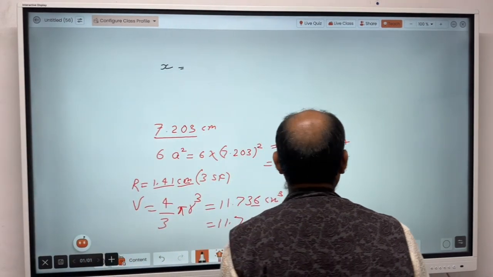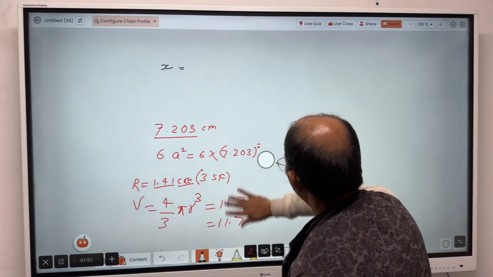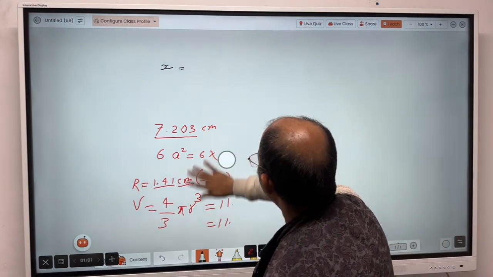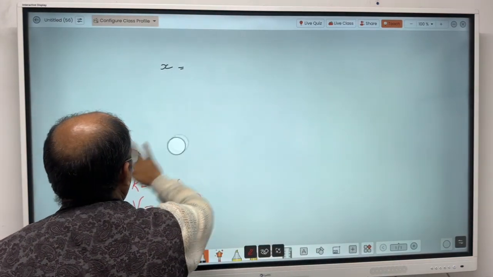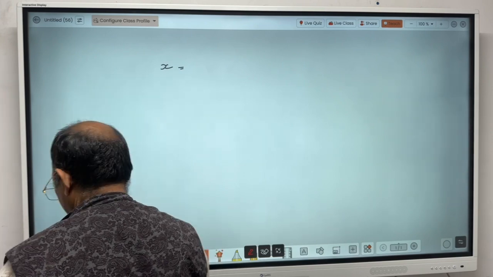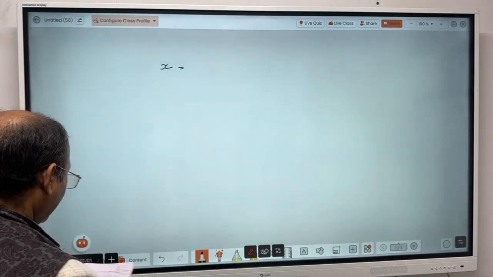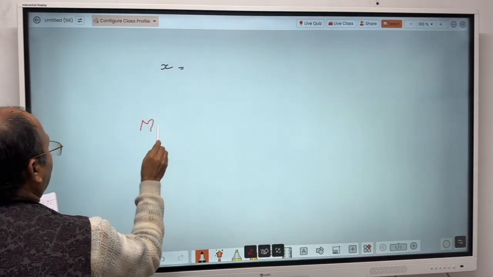Now, in case of division, what will happen? The same thing will happen. We will use the concept of significant digits, and then we will write our answers. So let's see how. We have to find out density when mass is given.